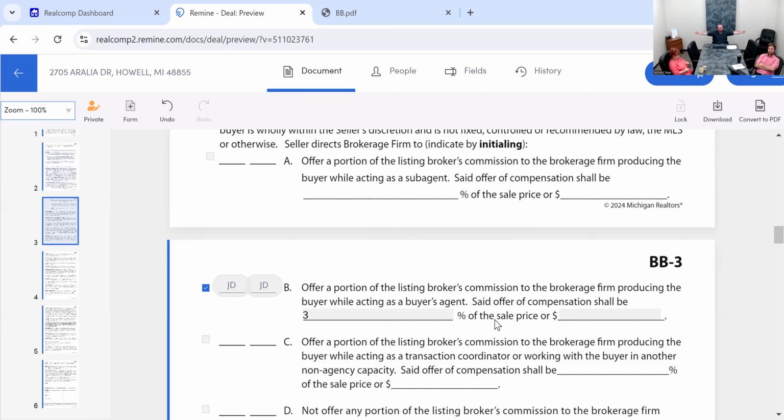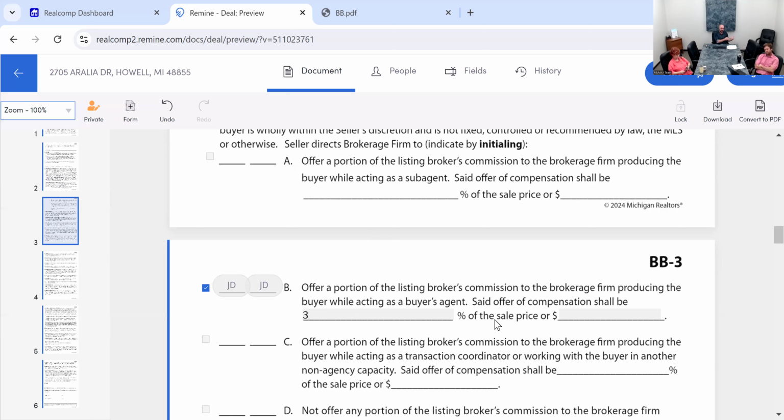So even if they come along with a buyer's agent, we're offering them 3%, but that does not determine what they receive. What determines what they receive is going to be spelled out in the purchase agreement, and it's going to be constrained based on whatever their buyer contract says.